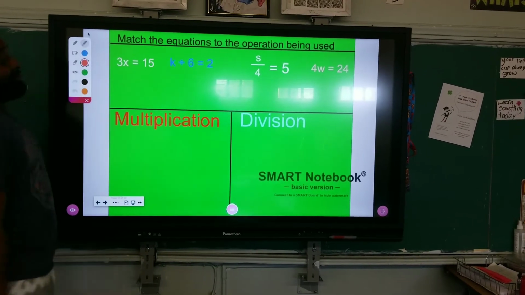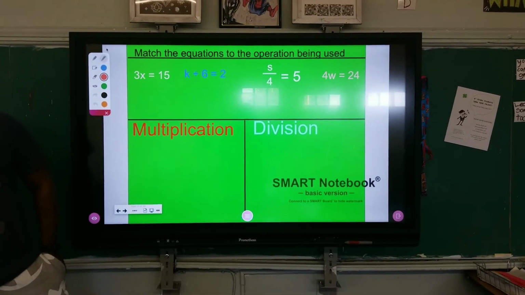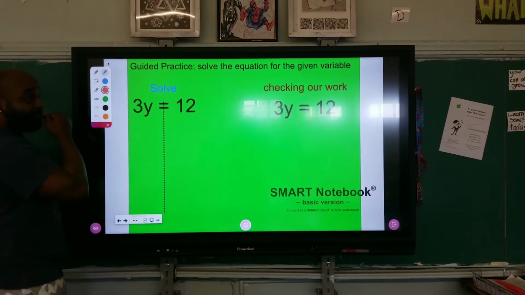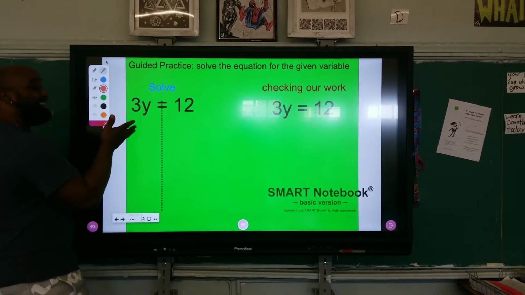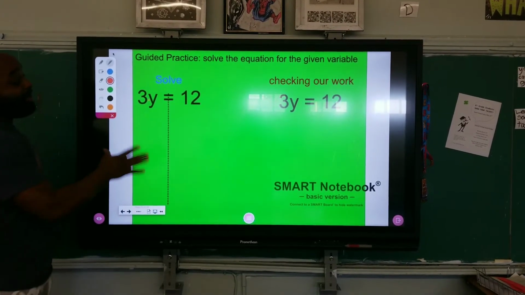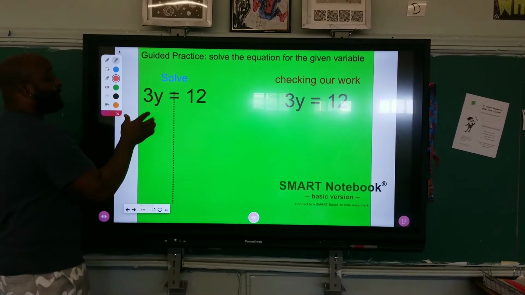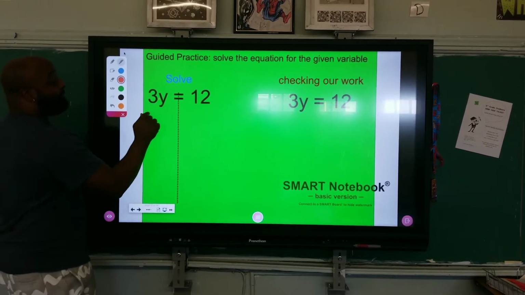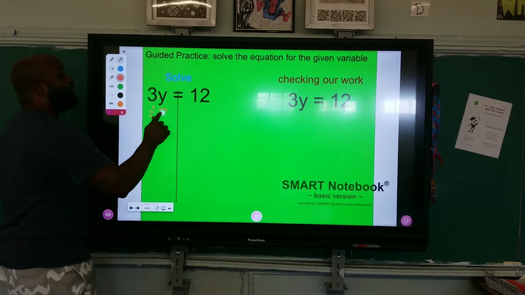And we are going to solve them the exact same way we solve the other ones. So we'll start with this one, 3y equals 12. Well, we don't see an operation, but we know invisible is a multiplication sign there. So if we're multiplying, we want to do the opposite or the inverse operation. So instead of multiplying by 3, we're going to divide by 3.